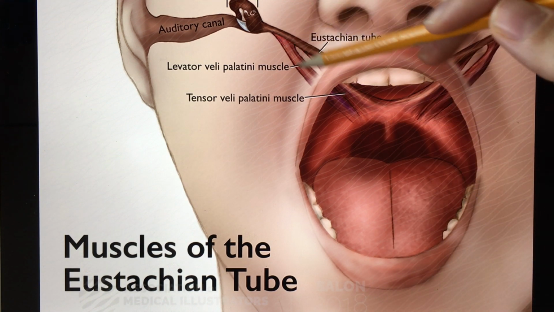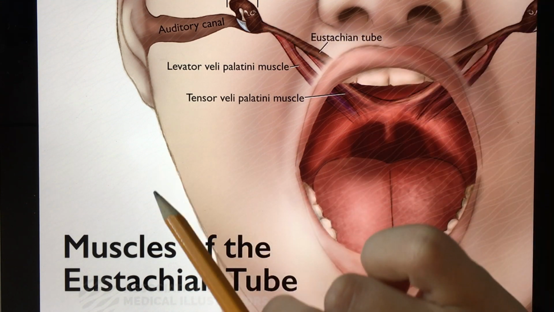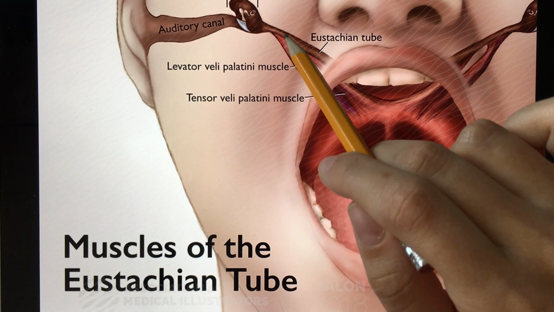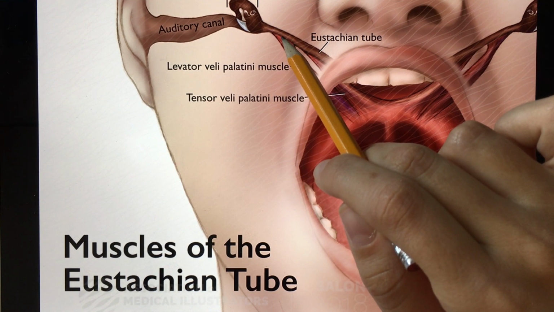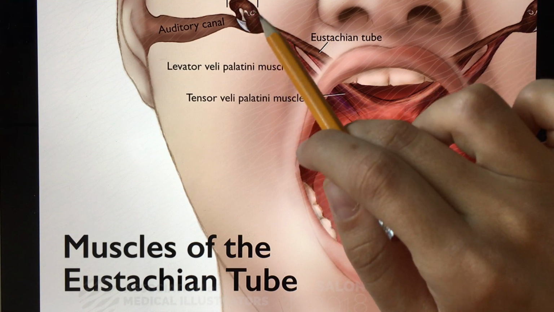They're also connected by a muscle, and this muscle helps to open up the eustachian tube and regulate the pressure inside of the middle ear.